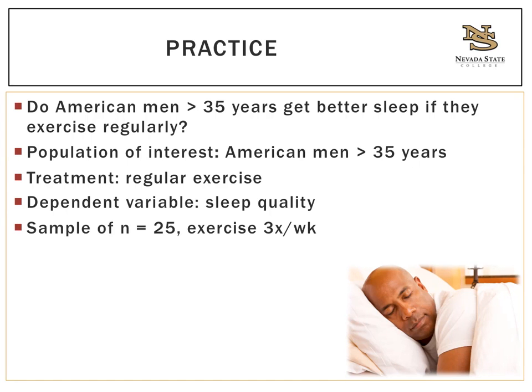If they exercise regularly, we've been able to recruit a group of 25 who exercise 3 times a week or more. We asked them, how well do you sleep on a scale of 1 to 7, and found a mean of 4.9 and a standard deviation of 1.1.